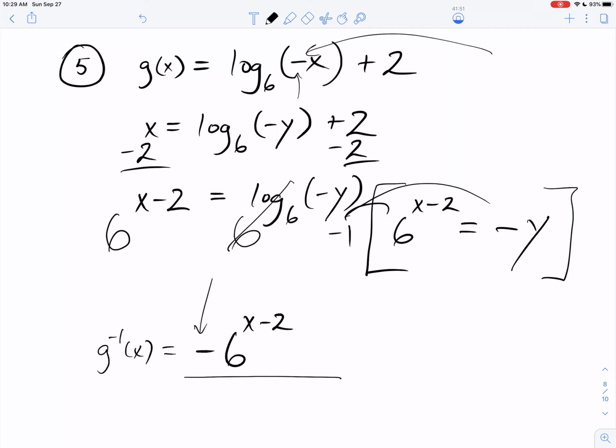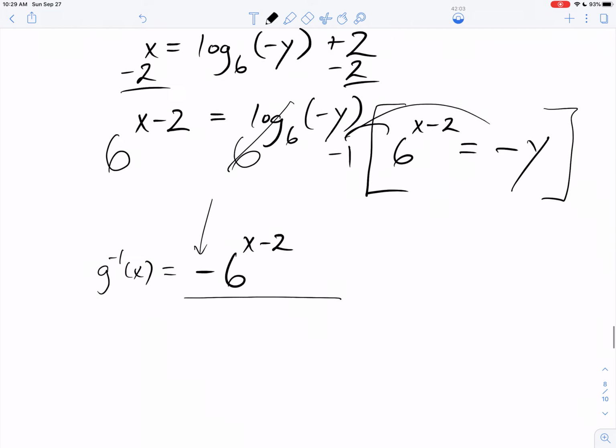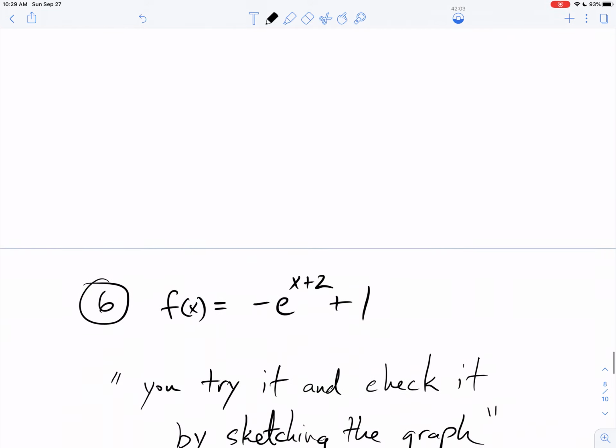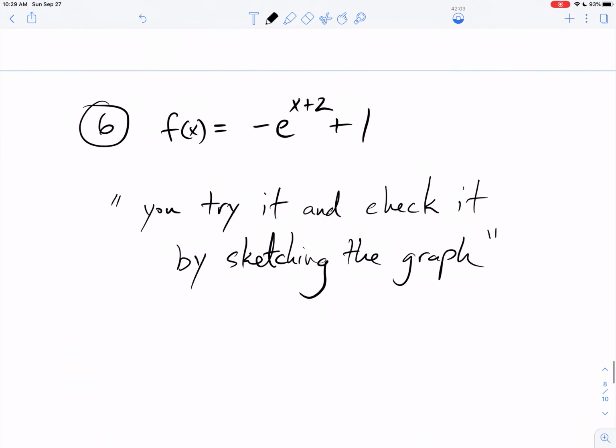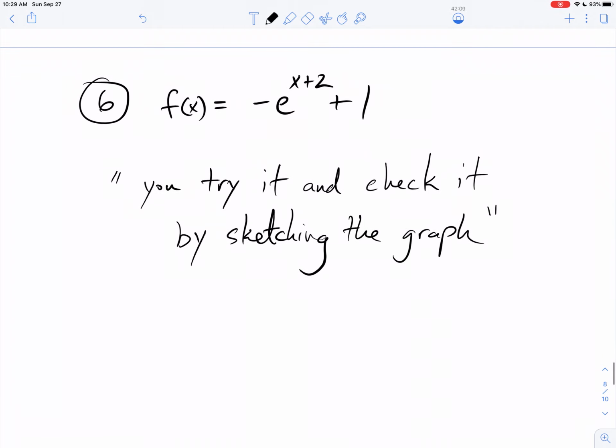All right, so I don't want to go through one more graph because I want you to. Here's my evil plan. Ready? This is lots of examples, but I just want you guys to try this one. Here's f of x equals negative e to the x plus 2 plus 1.